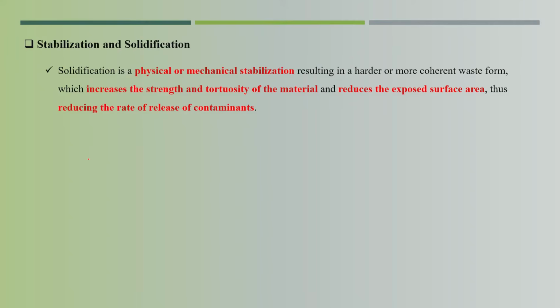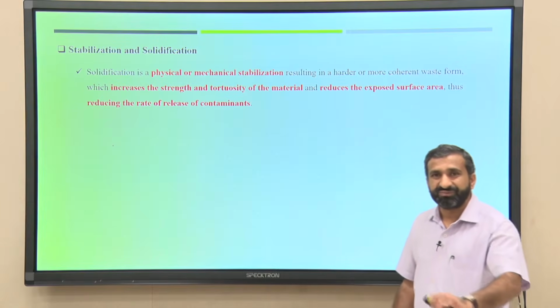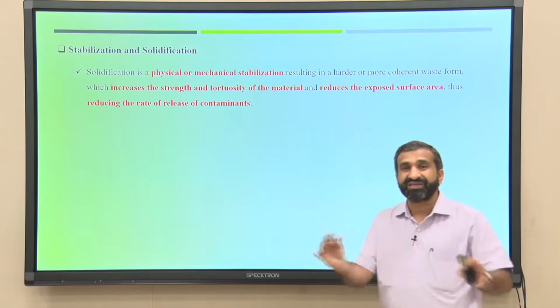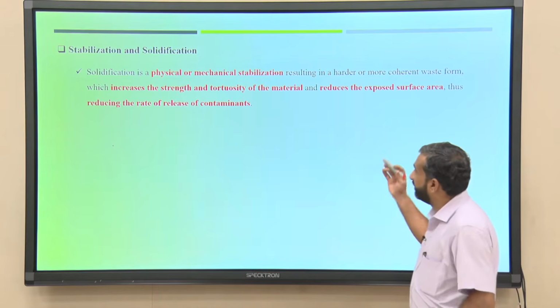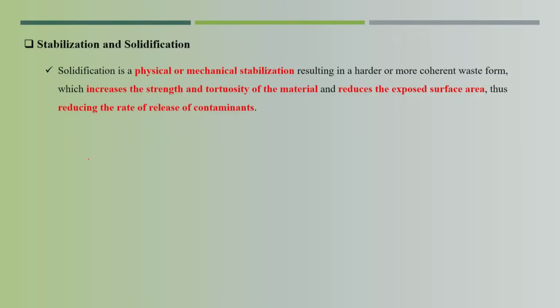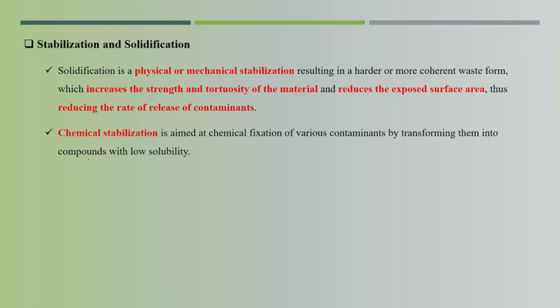That is the one target I was talking about, to reduce the leachability. So, leachability is possible when more surface area is available. So, if by this technology you are able to reduce the exposed surface area, obviously the rate of release of contaminants also will be reduced.